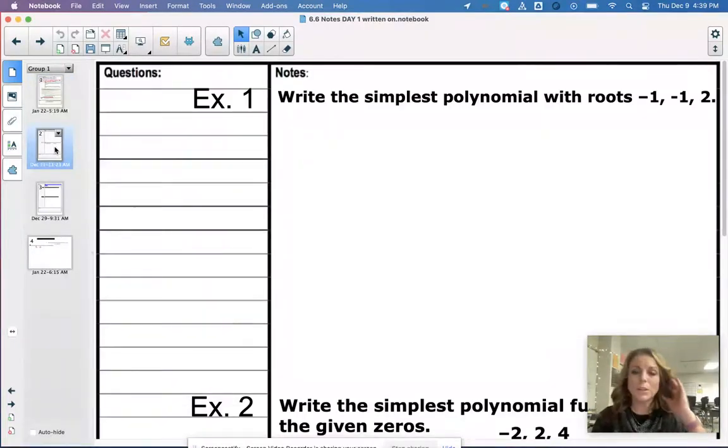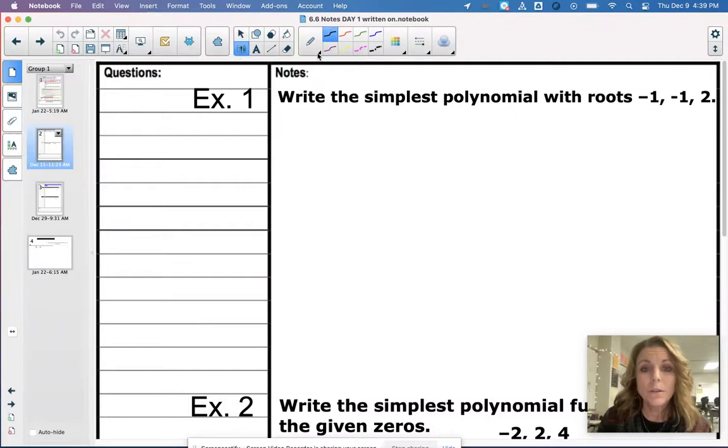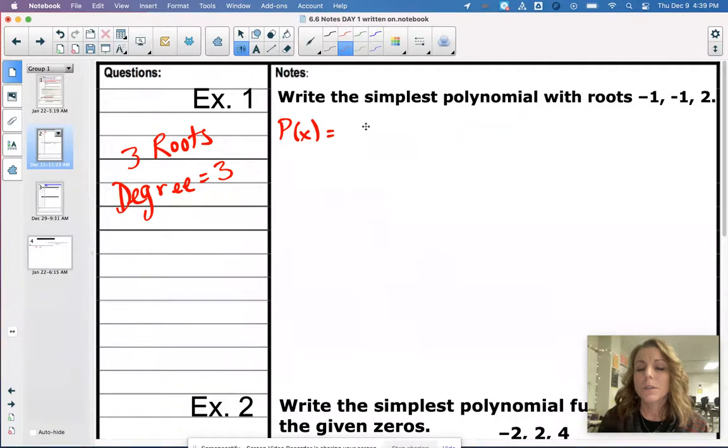Write the simplest polynomial with these roots: -1, -1, and 2. First of all, you can see that there are 3 roots. As a result, we know that the degree of the polynomial is going to be 3. So when we write out our p of x, that's the name of our polynomial, we write the roots as factors.